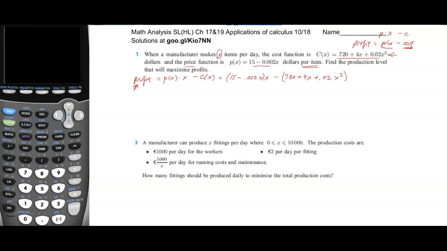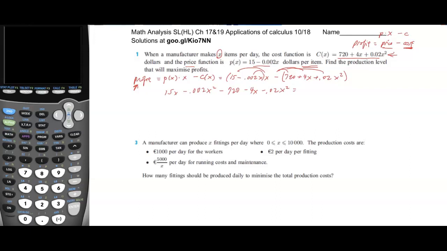First let's simplify this function. We distribute the x to the 15 and the 0.002, so we have 15x minus 0.002x squared. We distribute the negative sign to the other three terms, so it's negative 720 minus 4x minus 0.02x squared.